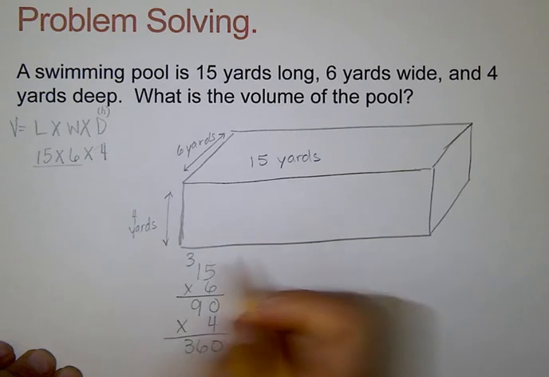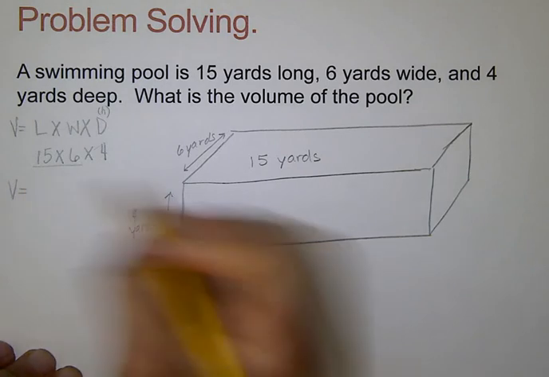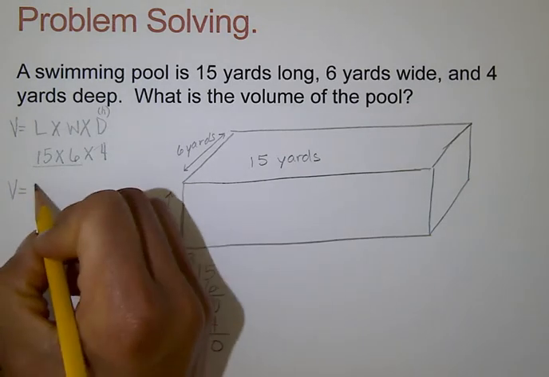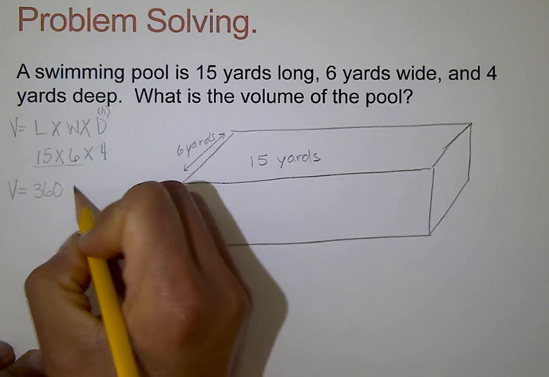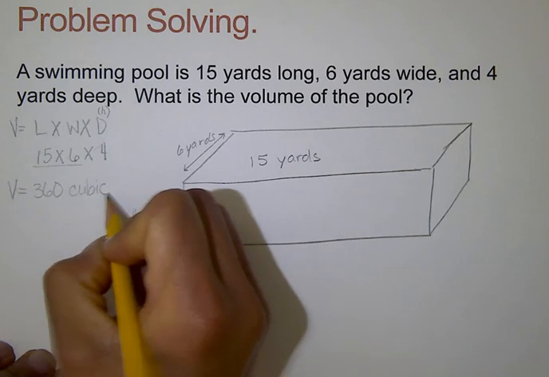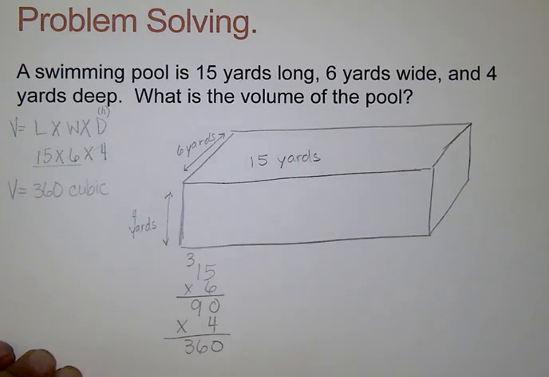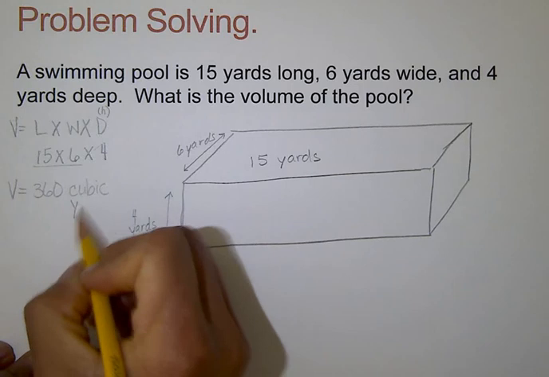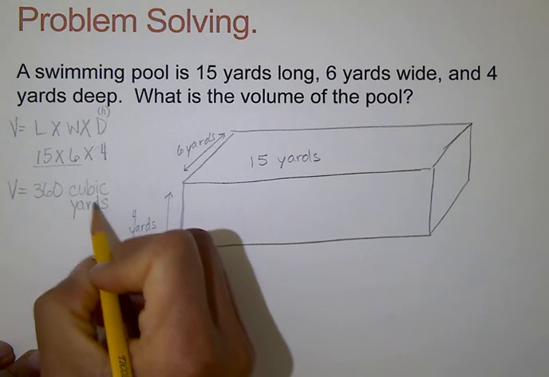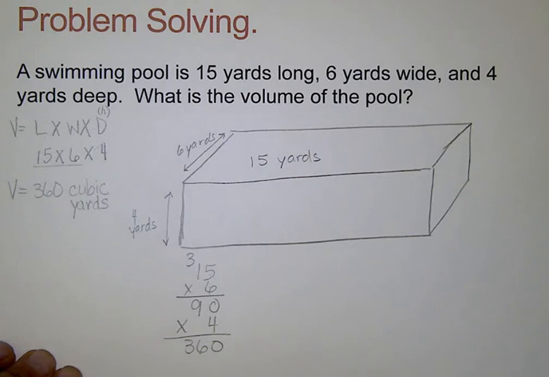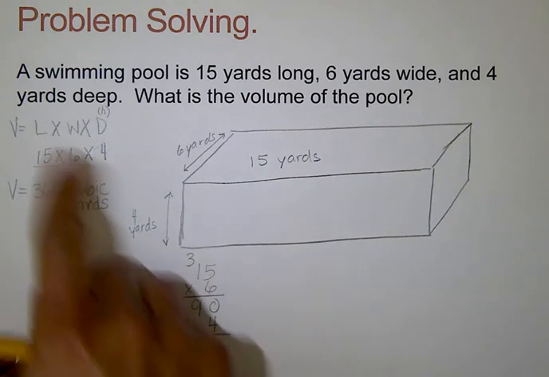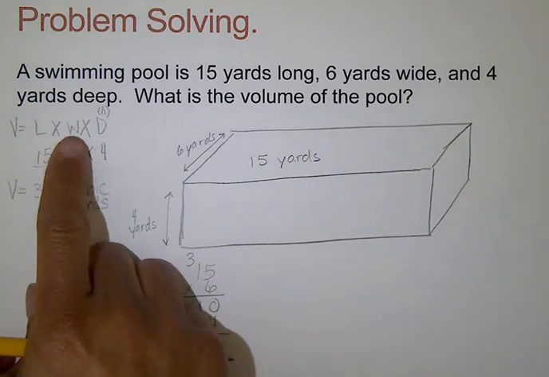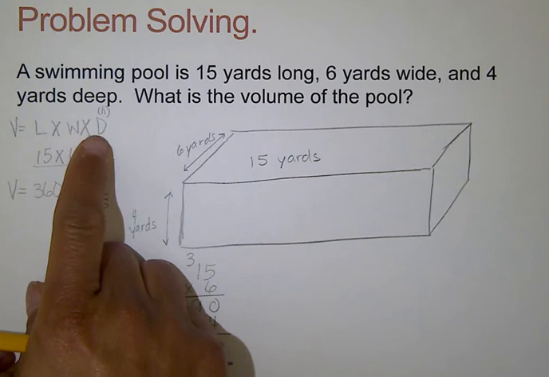So the volume of this pool is 360 cubic, remember we said they're cubes, we're looking for the cubes inside, cubic yards. And that's how you find volume. Length times the width times the height or depth.